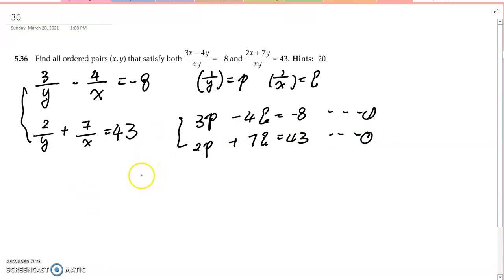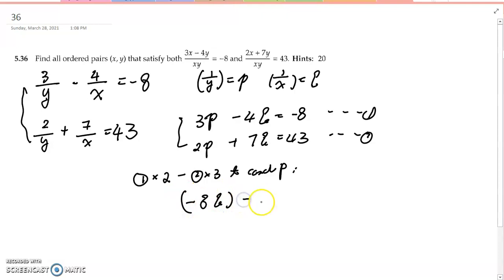What we can do is 1 times 2 minus 2 times 3 to cancel the p. Then we have equation 1 minus equation 2: negative 8q minus 3 times 7q is equal to negative 16 minus 3 times 43.